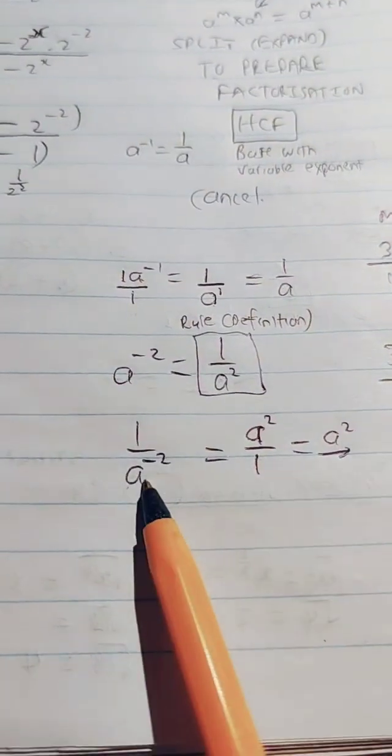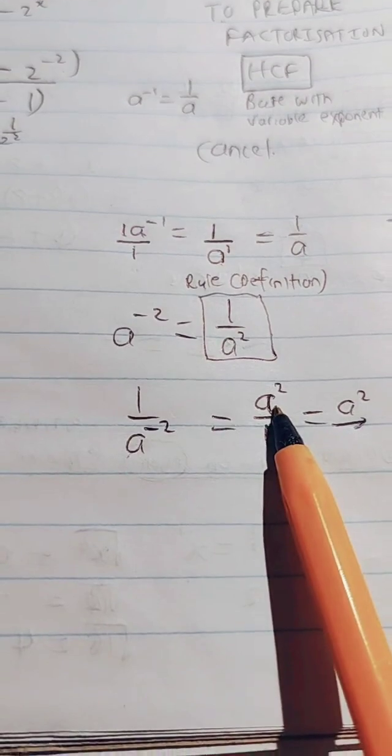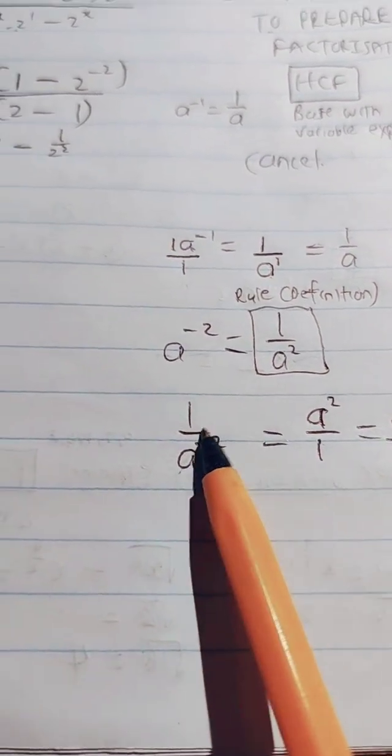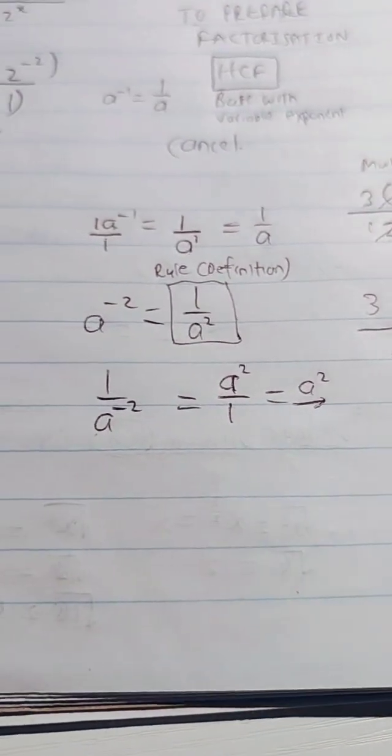If we had 1 over a to the power negative 2, our answer would be a squared over 1, which is actually a squared. The base changes position from the denominator to the numerator. What happens to the exponent? The exponent changes sign to positive. That's why the answer is a squared.